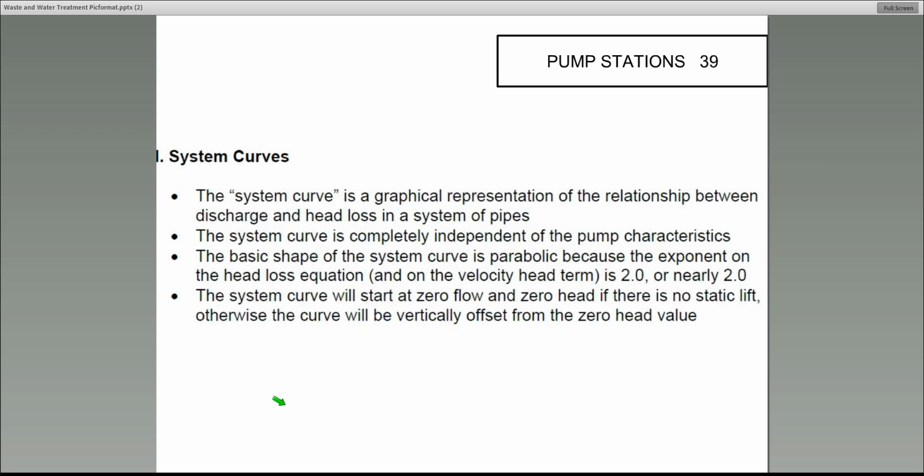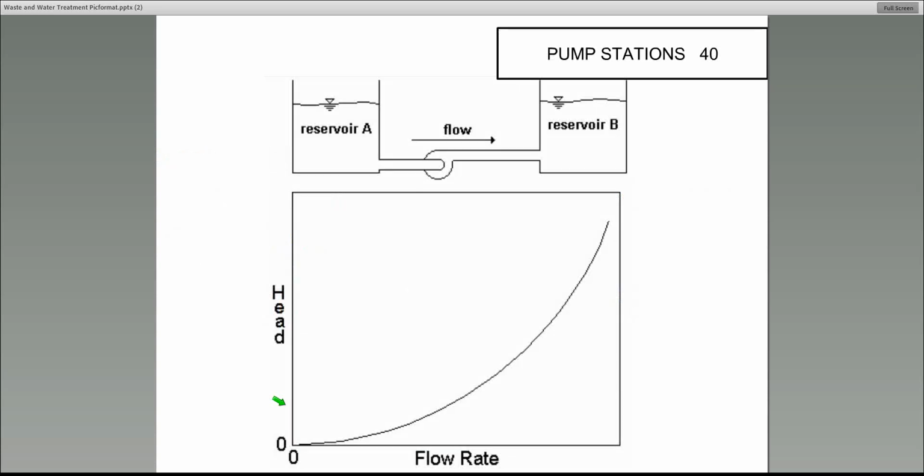Okay, the system curves or pump curves. This is just some definitions here, where I'm going to go straight ahead to the pump station curves. Let's say you have a reservoir here and you're pumping straight across to another reservoir, and both heads are the same. You have the same elevation on the top of the water here.